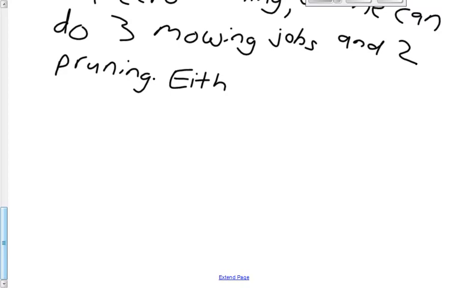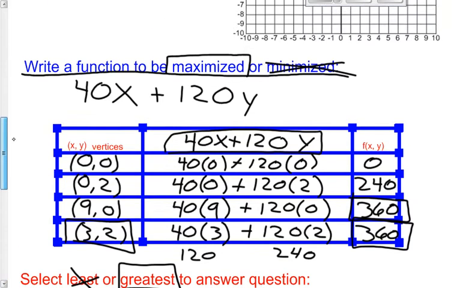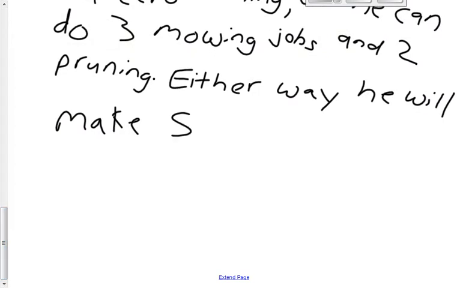Either way, he will make, how much was that again? $360.